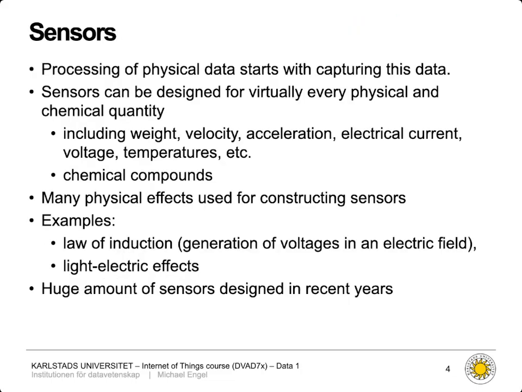So, when we talk about sensors, we want to process some data from our physical environment, and of course, to do this, we need to capture this data somehow. And as we've already seen, sensors can be designed for almost every physical and chemical quantity, like weight, velocity, acceleration, electrical current or voltage, temperatures, and in recent times also chemical compounds.